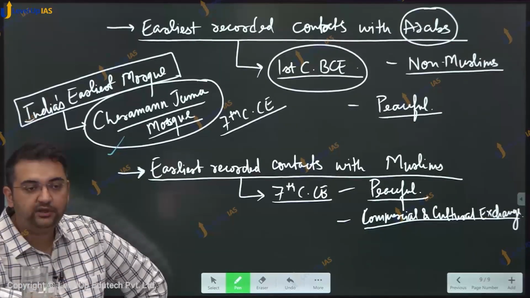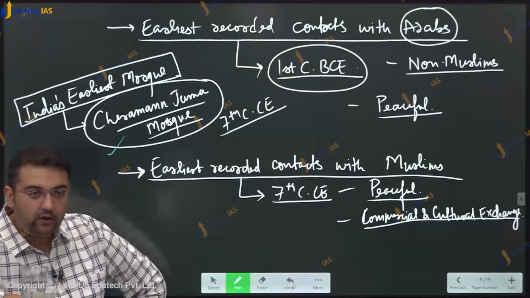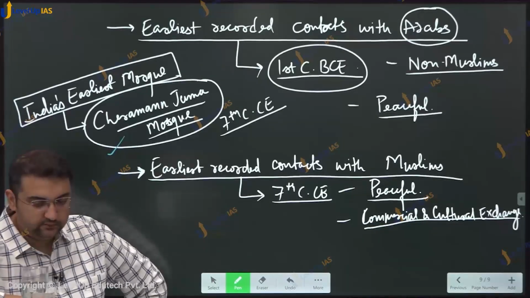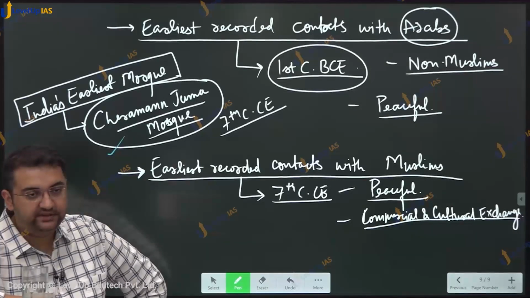The Mopla Muslim community of the Malabar region are also considered to be the descendants of these early travelers.